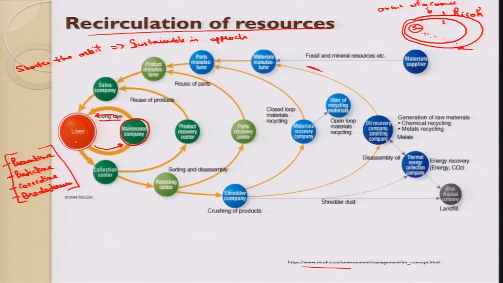So the next circle here is: the product goes to the collection center, then the product recovery center, then back to the sales company, then to the user again. This is the second circle; this is circle 1, and this is circle 2. So what happens when the user decides that he is not going to use the product? I can put here there are two levels of use. One level is that we get the product repaired again and again, get the maintenance done and keep using it.